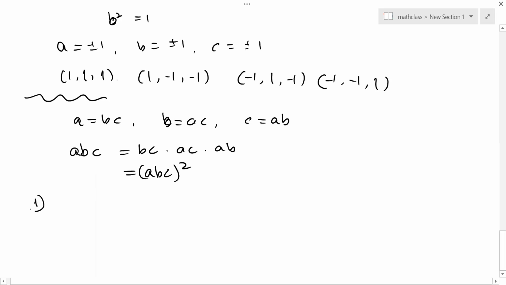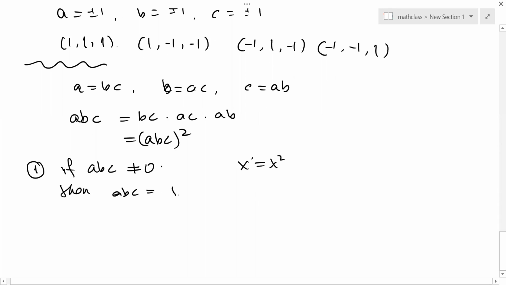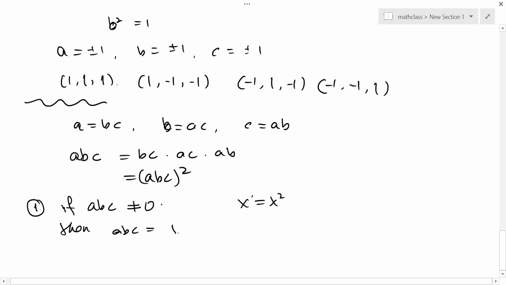So you have 2 cases. The first case is if ABC is not 0, then A times B times C must be equal to 1, because it looks like x equals x squared. How do you solve an equation like that? You divide by x, assuming x is not 0. If x is 0, both sides are equal. Then from here, you can get the values, because the product is already given.